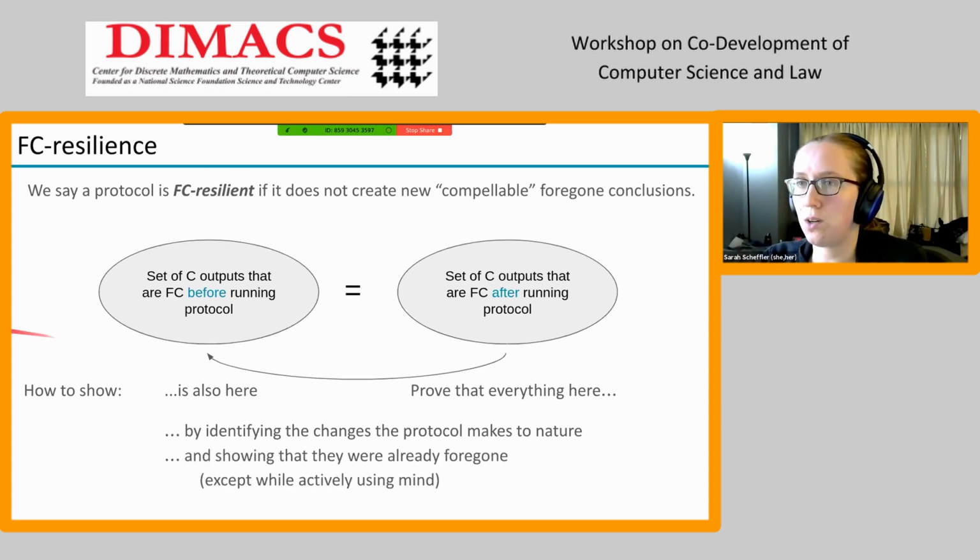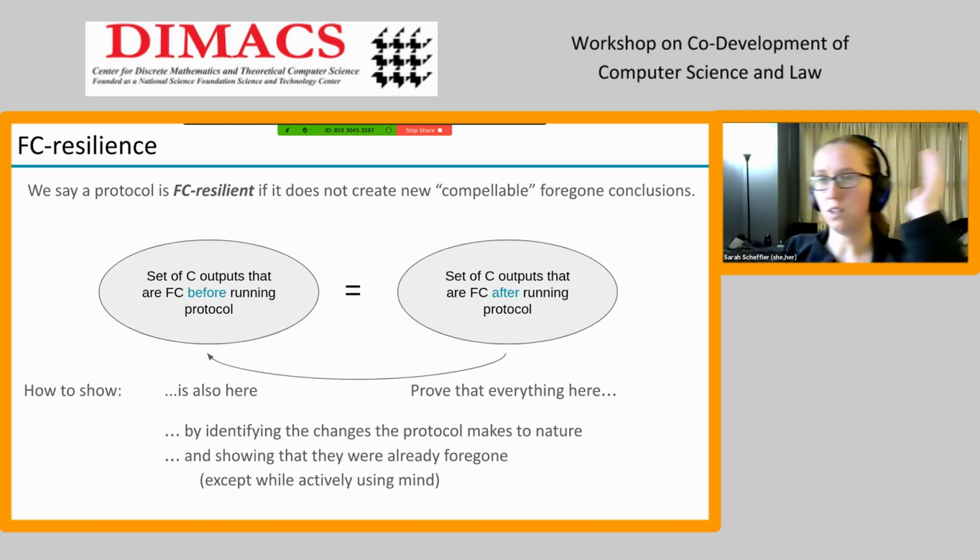And we're going to show that anything that was added to nature could already have been compelled. And we're going to use this compelled encryption idea to show that, even if you can be compelled to reveal something after the protocol, you could already have been compelled to do something before that.